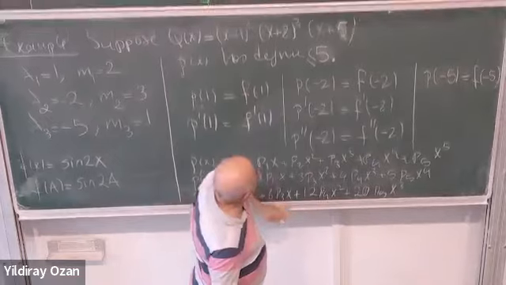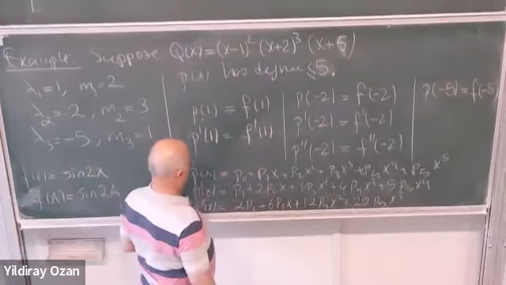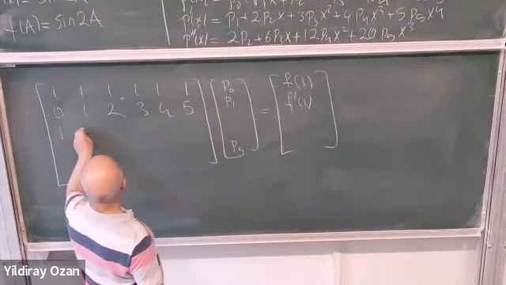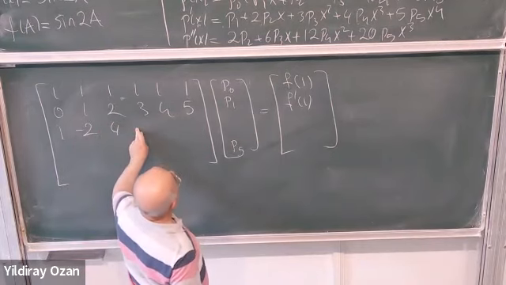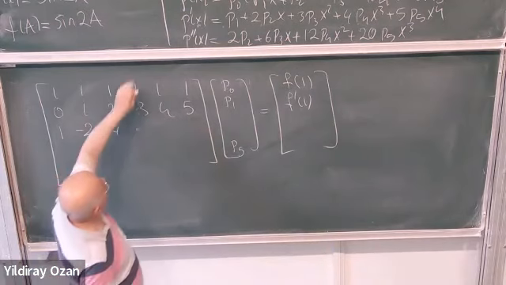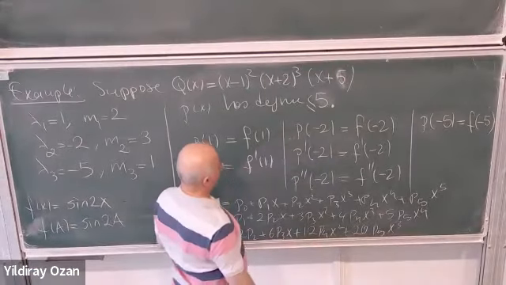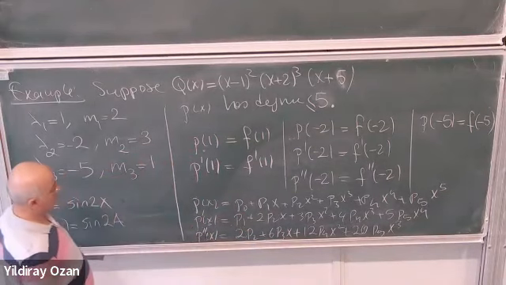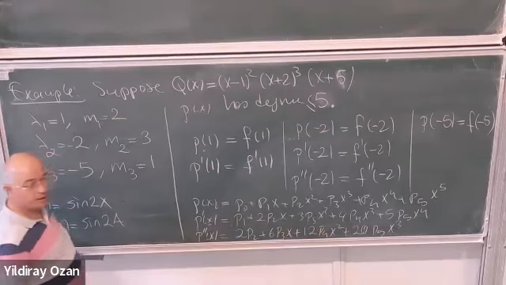When I plug in minus 2, I have 1, minus 2, 4. We have 6 coefficients, but the polynomial is of degree 5.